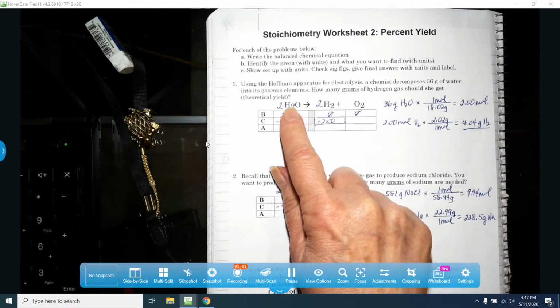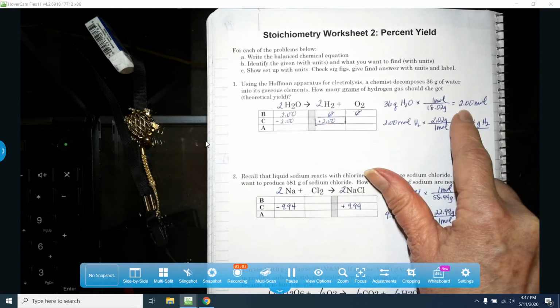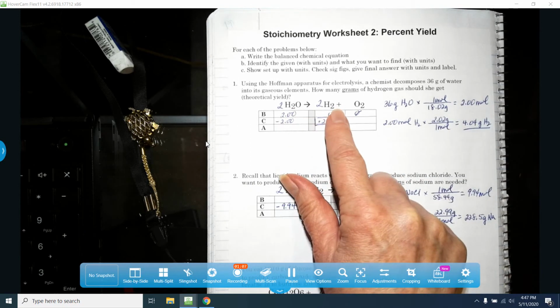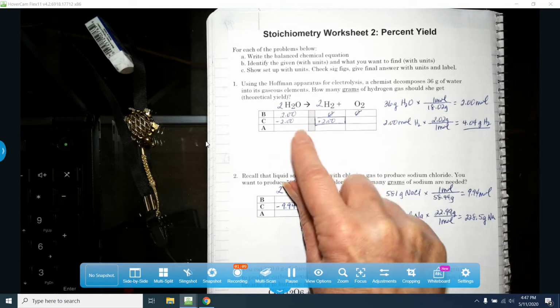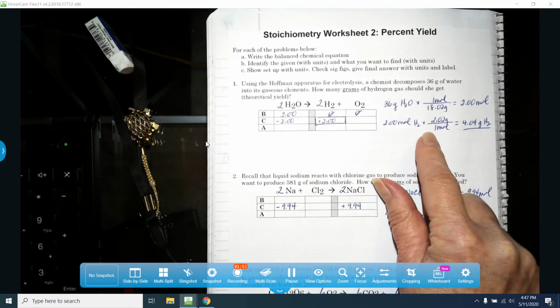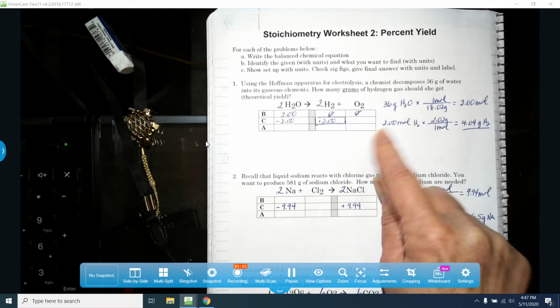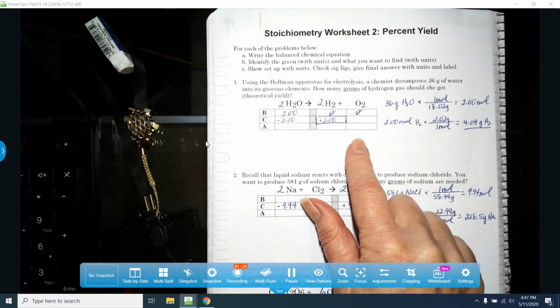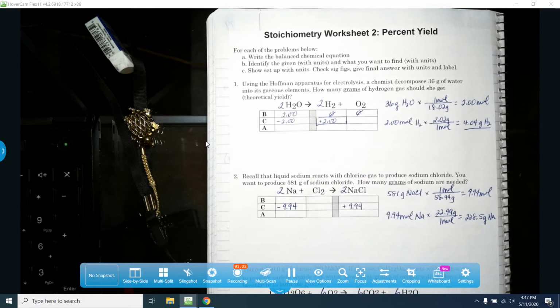So you're starting with 36 grams of water. Change that to moles using the molar mass. Put it in there, and you need to find hydrogen. So we can see it's a 1-to-1 ratio, so the same number of moles, and we're going to just change that into grams. Okay, so number one's very simple. They're probably trying to work you into solving a percent yield. So this was just a theoretical yield problem.